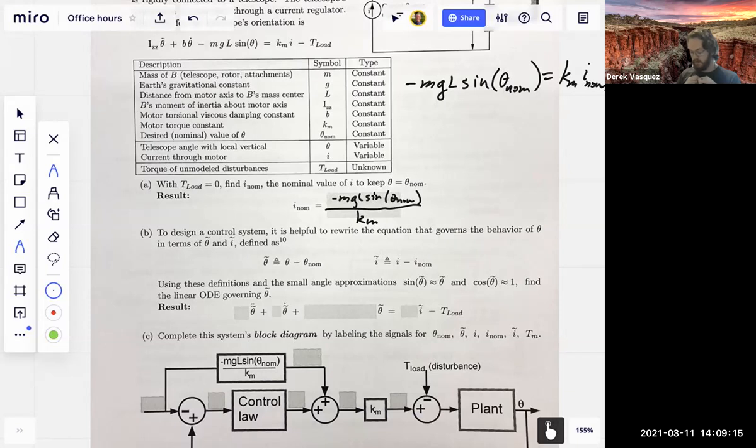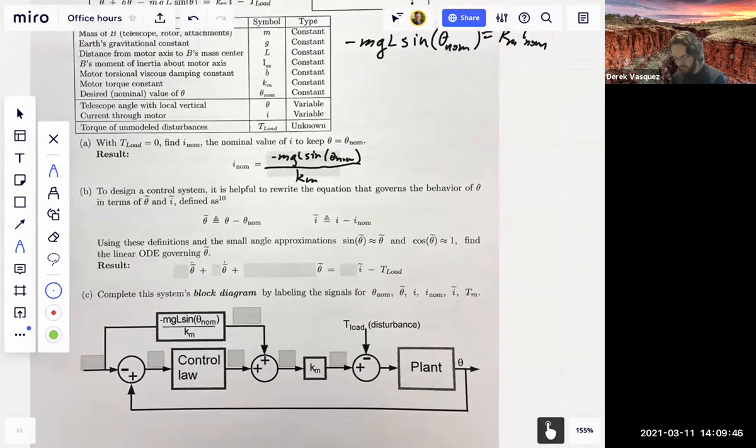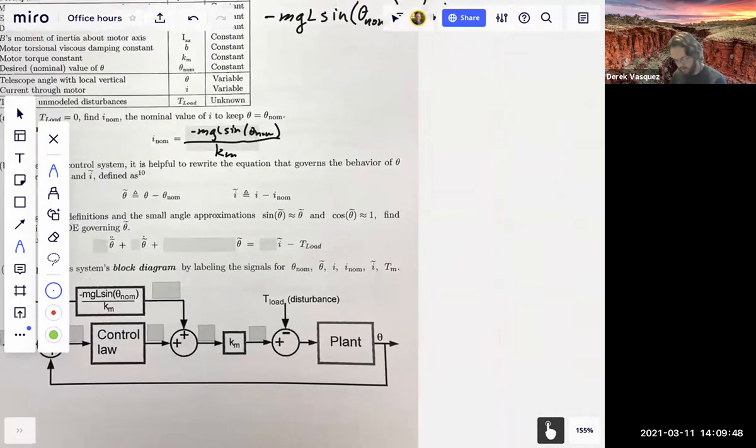And then I tilde is also our error of our current, I guess our actual current minus our nominal current. Using these definitions and the small angle approximation, sine theta tilde is approximately equal to theta tilde, and cosine of theta is approximately equal to 1. Find the linear ODE governing theta tilde.